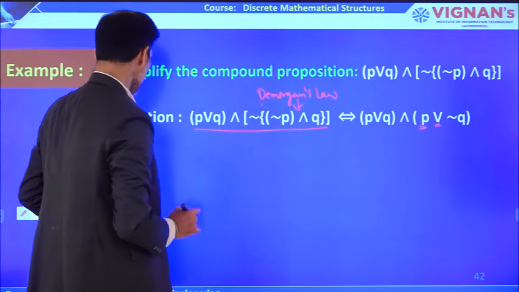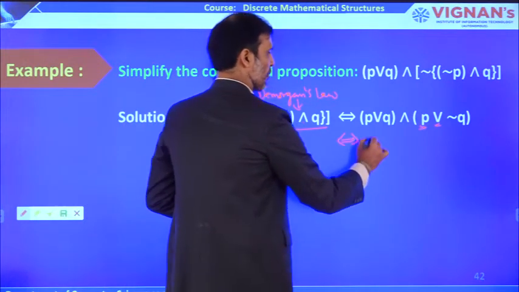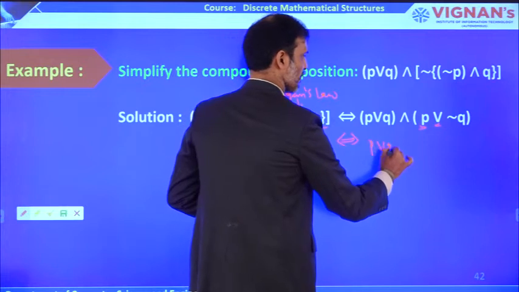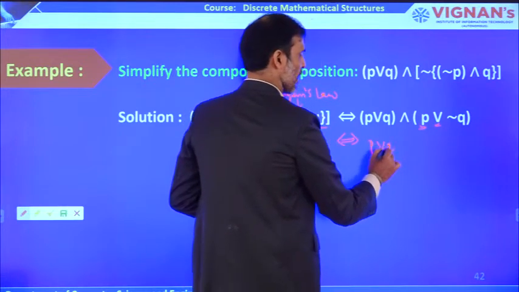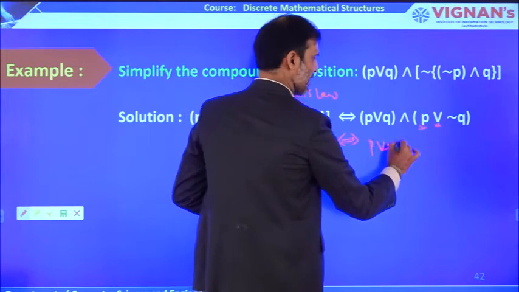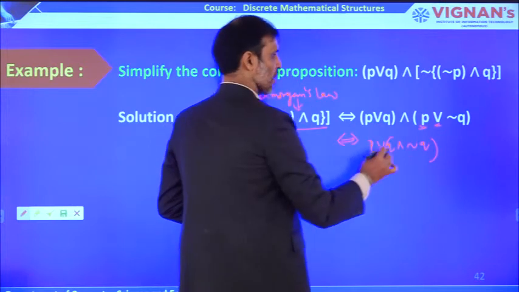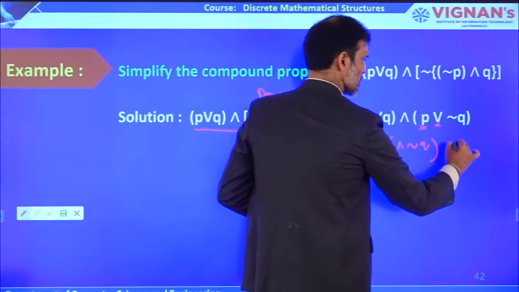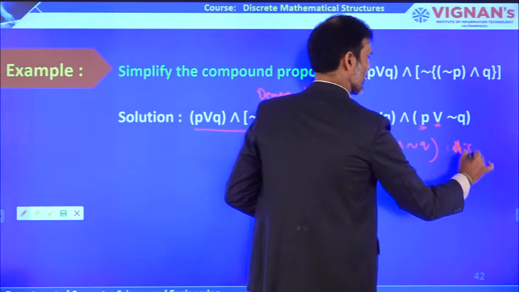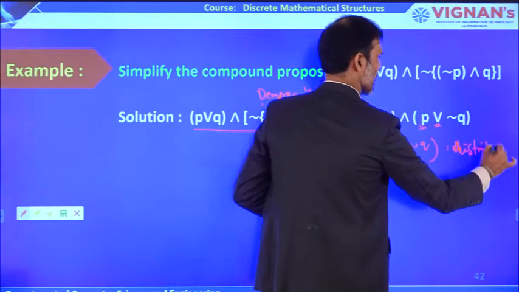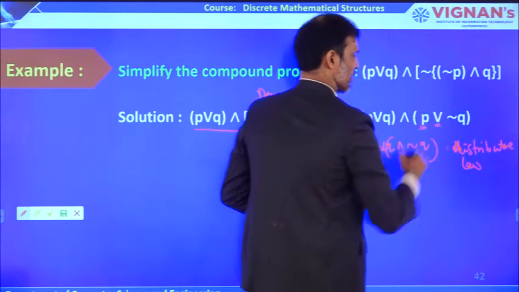So what is the next one? This is logically equivalent to P or Q and negation Q. So I am applying the distributive law.